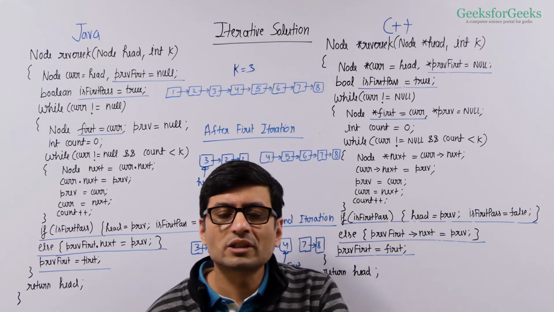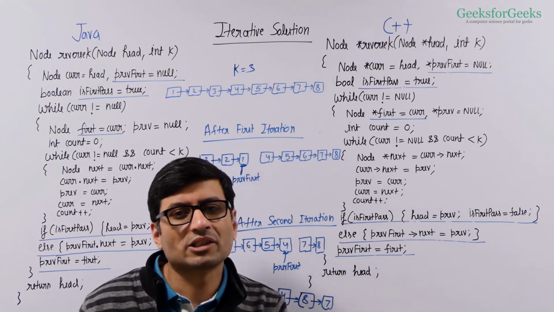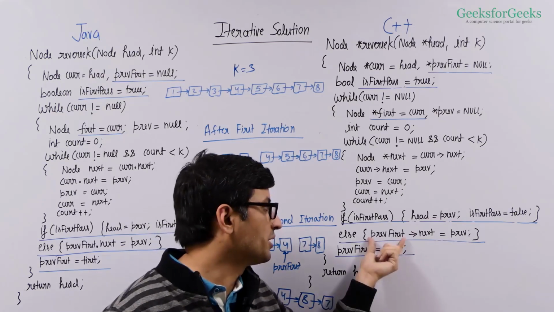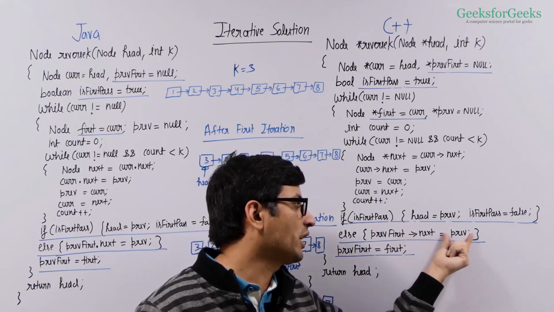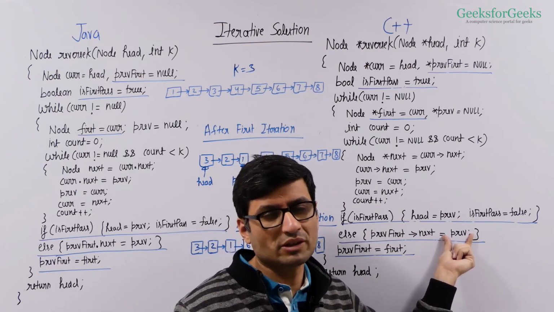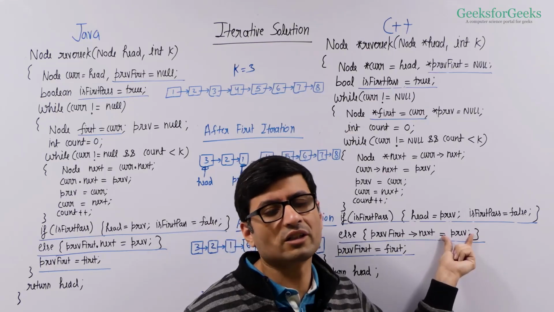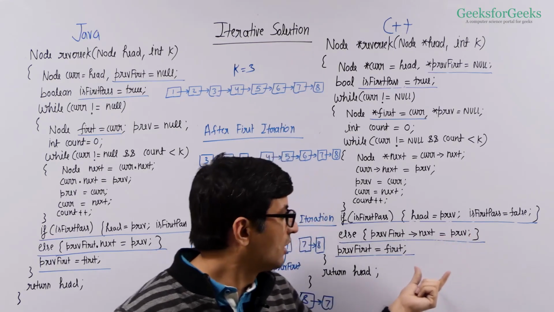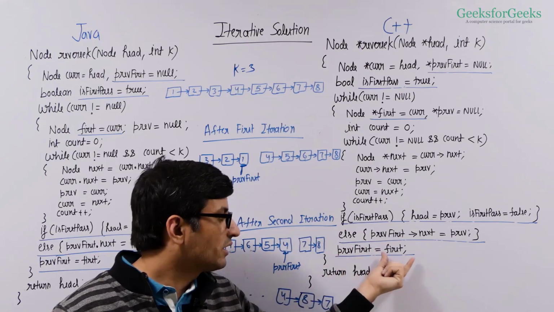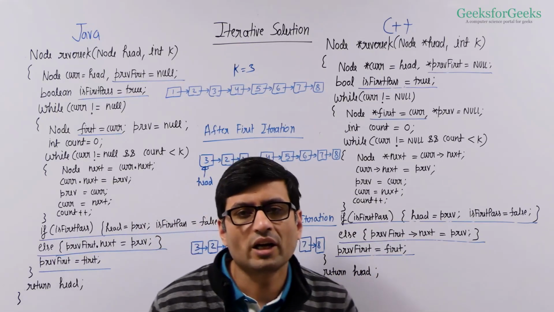So what we do is, we make previous pass's first node next equal to head of current node. Previous first next equal to head of current pass. Head of current pass is always previous. That we have learned in the iterative reverse of a linked list. After we do this, we change the previous first equal to first, and at the end, we return head of the linked list.